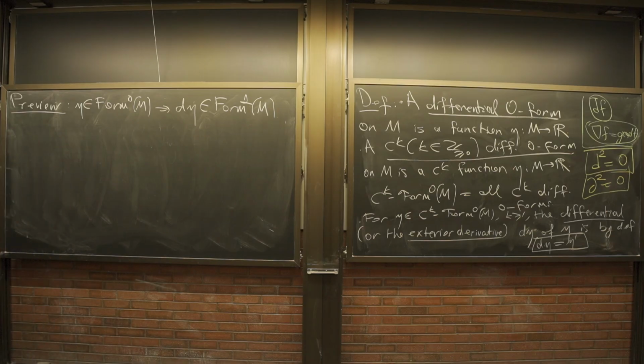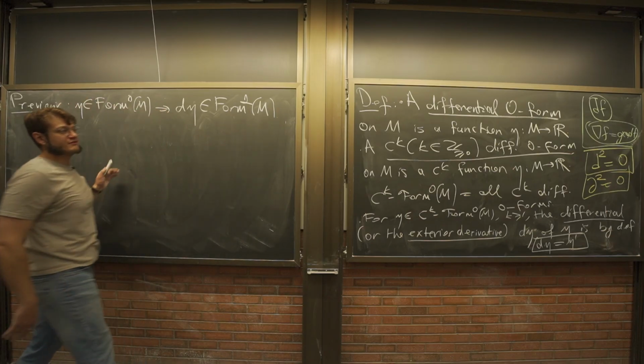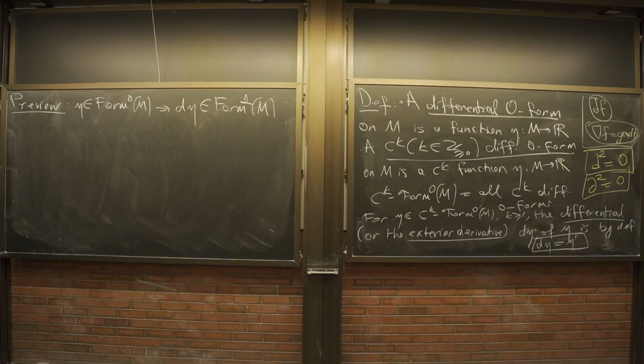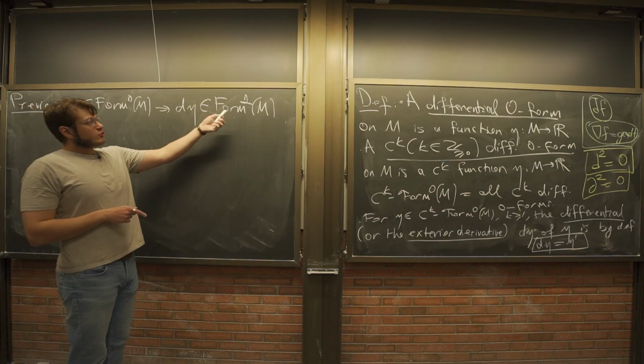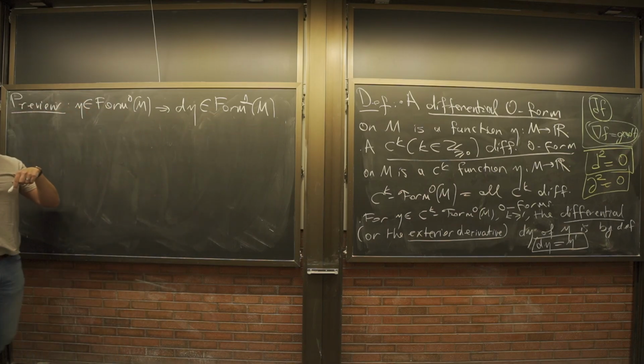In the third part of the class, we're going to define what it means for something to be a differential one form. But right from the get-go, I'm telling you that d eta is going to be a differential one form. Not all differential one forms are going to be of this form. Those that are of this form are going to be called exact.